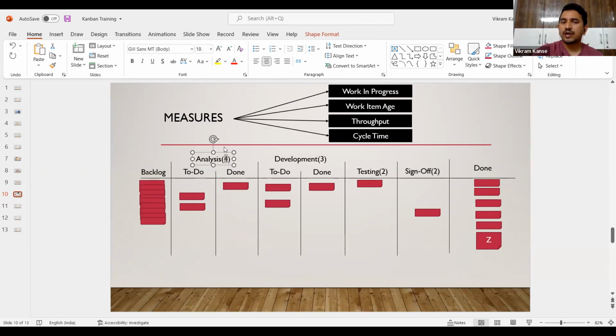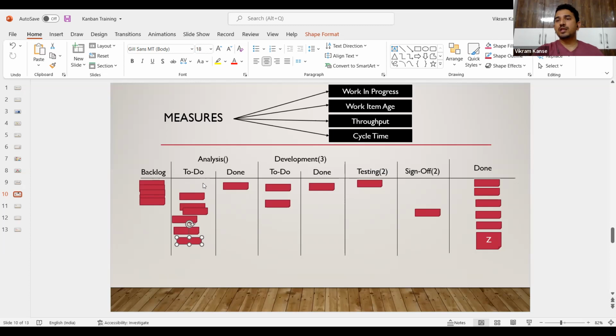So suppose I don't have any WIP limit. The analysis team can pull as much work as they want, and this is the normal human tendency. We always have that mindset that we can do more, but when you are on the ground, it becomes difficult to shuffle.